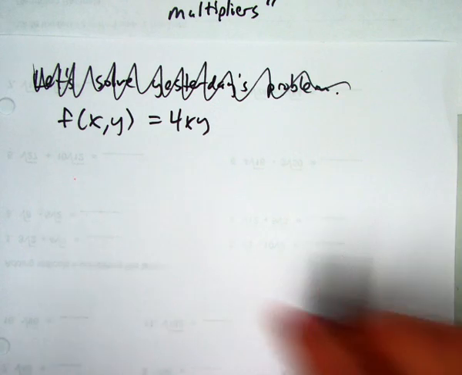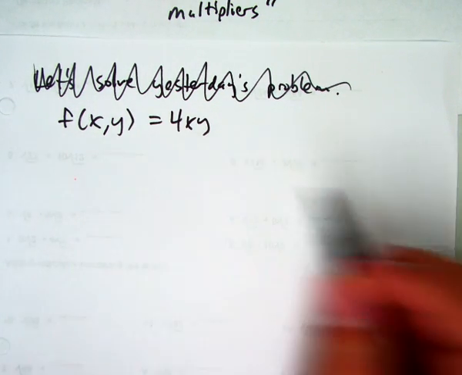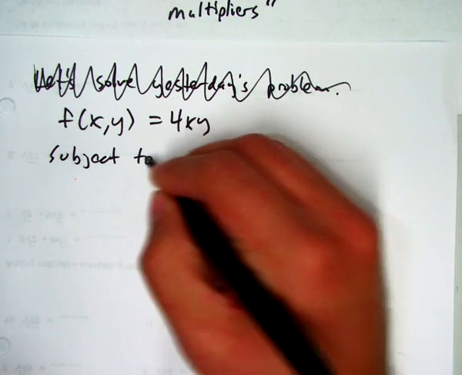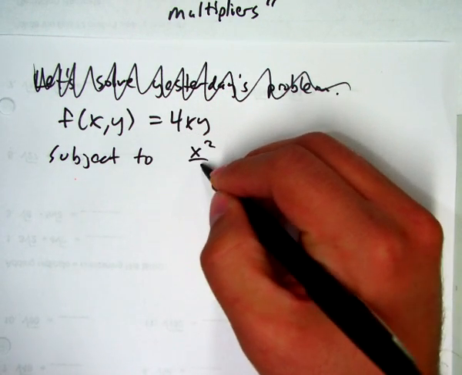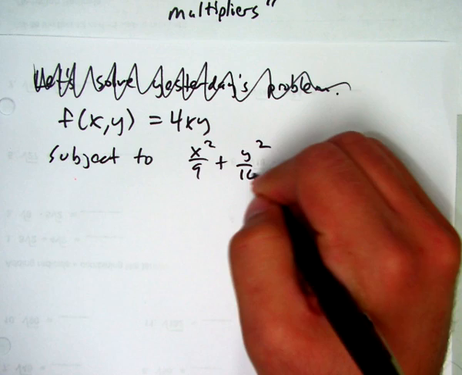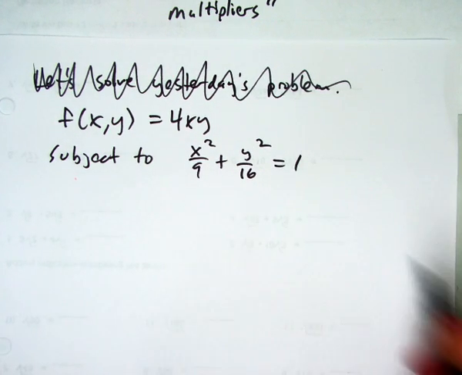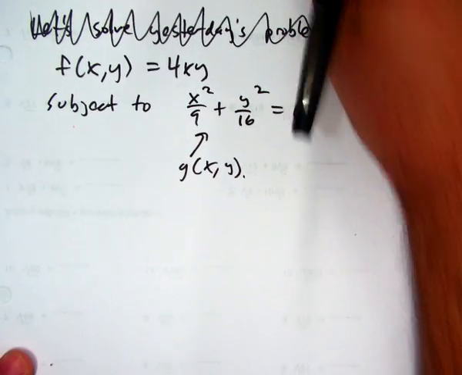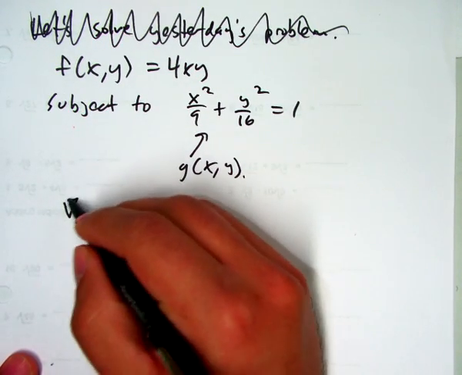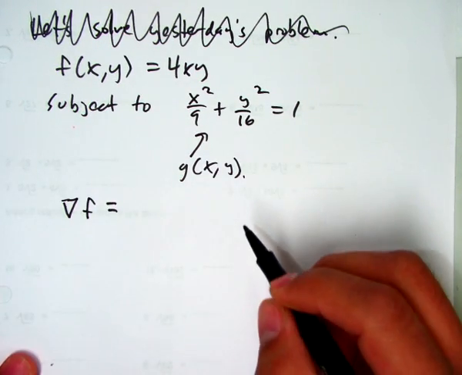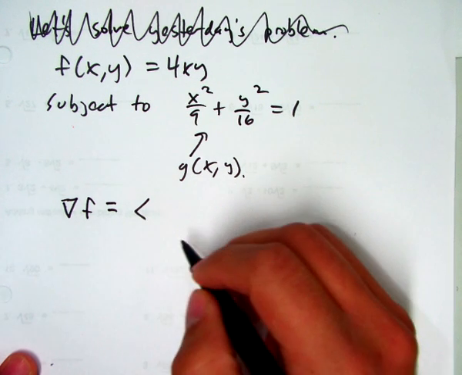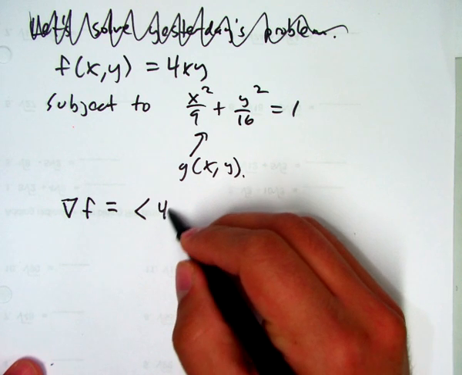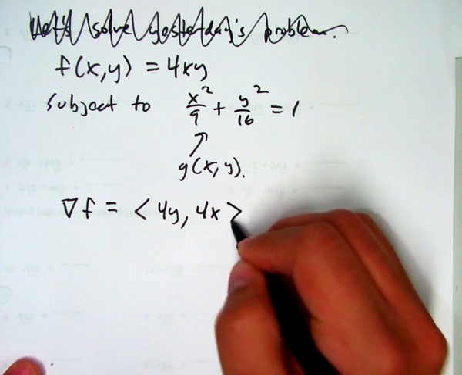So we have 4xy, and it was subject to a constraint of x squared over 9 plus y squared over 16 equals 1. And we call this g of x, y. Okay? So let's find the gradients for each. Gradient of f would be what vector? 4y, 4x.